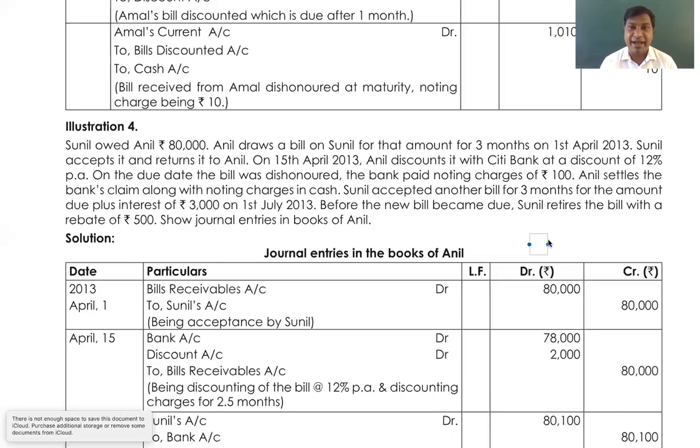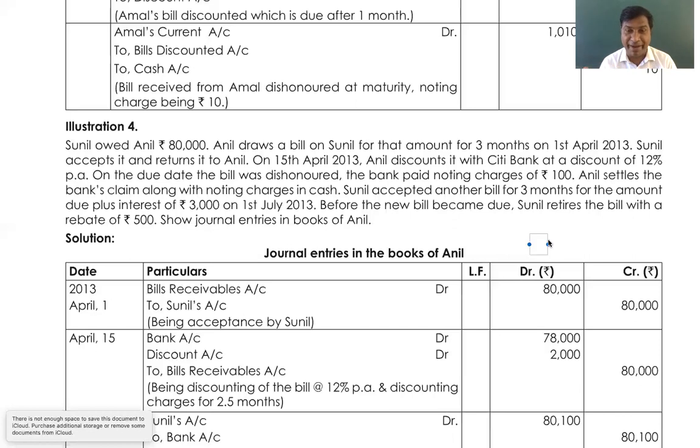When it is discounted, he gets 80,000 minus the discount. The banker keeps that 80,000 bill and waits for payment from Sunil after the maturity date. After the maturity date, Sunil could not pay. It is dishonor.